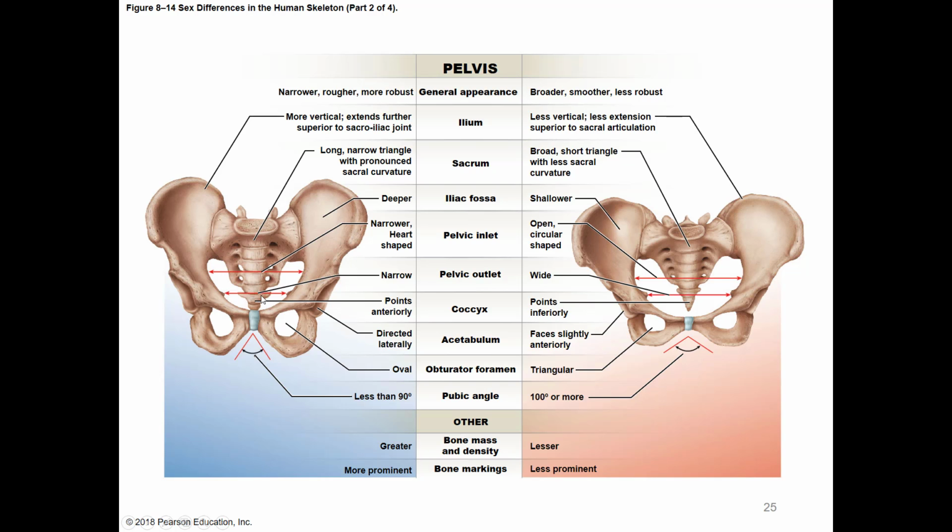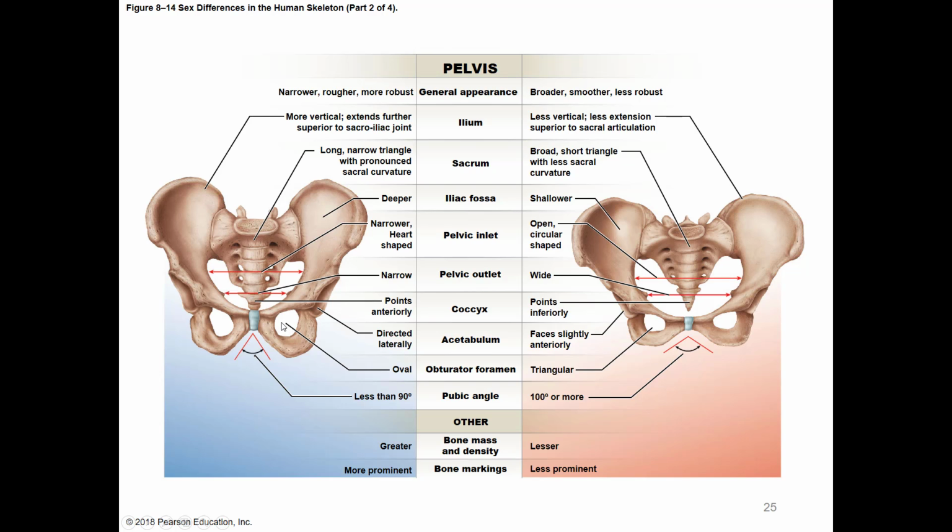The opening of the pelvic outlet is narrower in males than it is in females, but again, makes sense. Baby has to pass through this opening. Okay, and then we also can see that these openings here called the obturator foramen are more triangular in females and more oval in males.